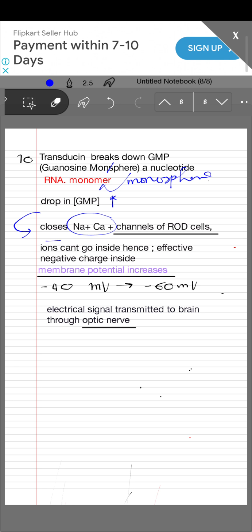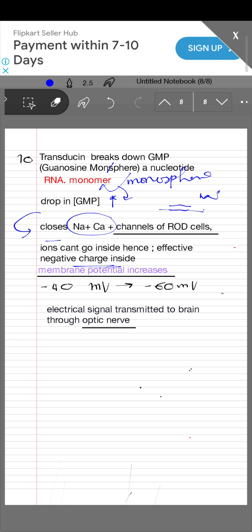These channels are responsible for the transport of Na plus and Ca plus ions. So when the GMP is breaking down, automatically the channels get closed. So ions now can't go inside the rod cells, hence there is a negative charge being created.